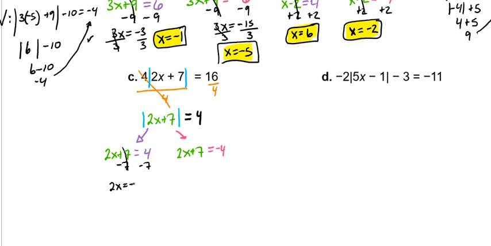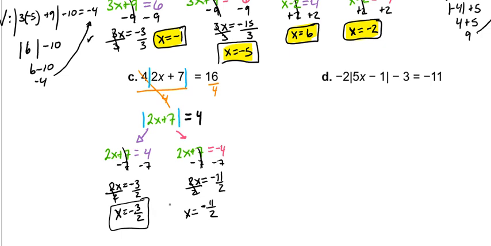So we have 2x equals negative 3, divide by 2. So x equals negative 3 halves. And then over here, we have 2x equals negative 11, and divide by 2, and x equals negative 11 halves. And we don't have to worry that it's a fraction because our calculator will be able to help us.